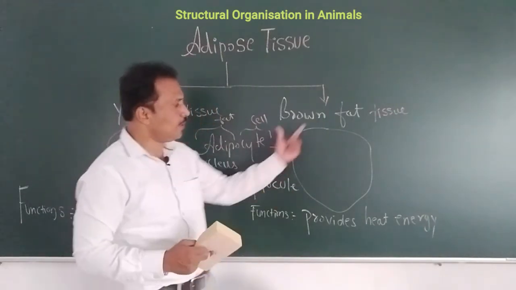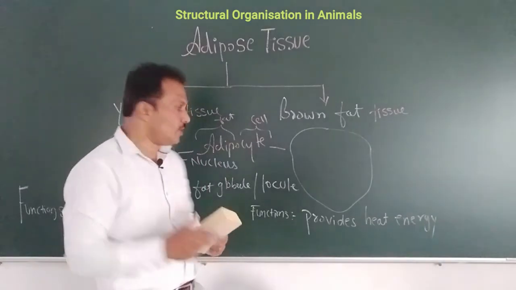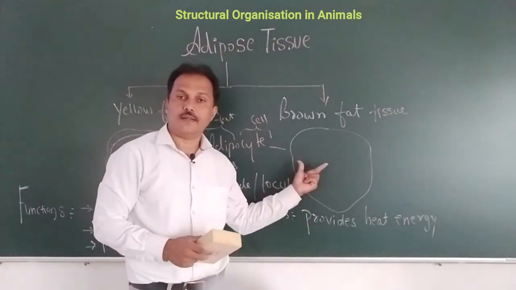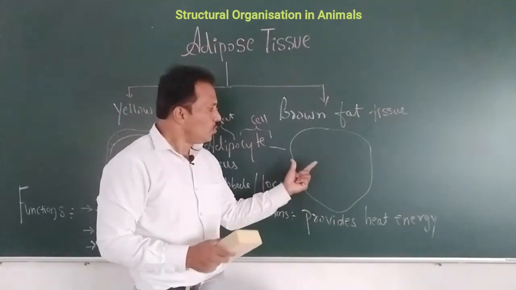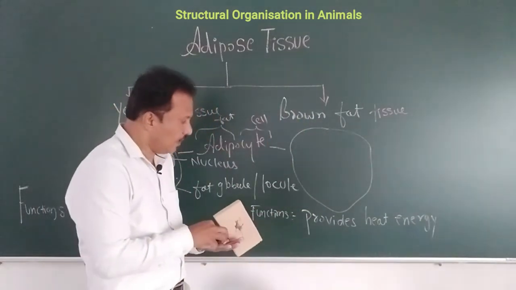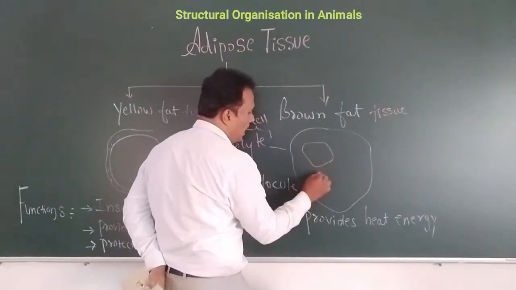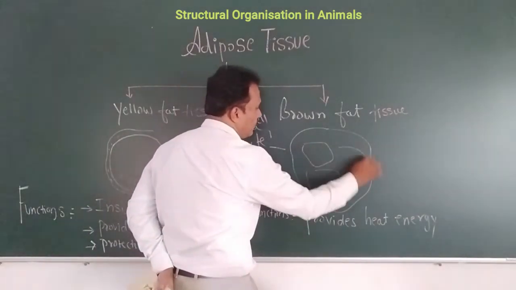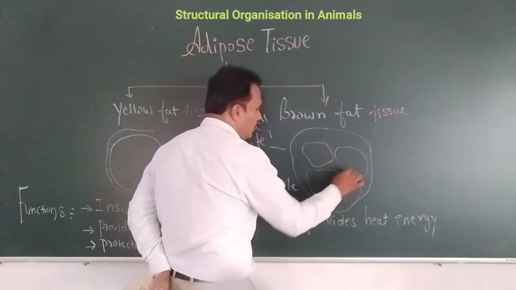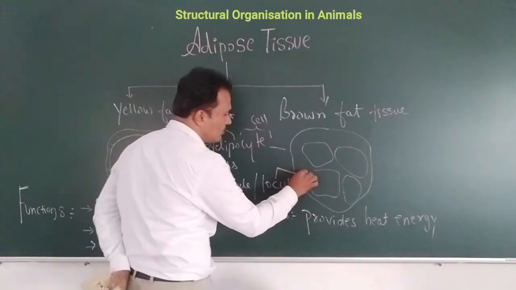Brown fat is again made up of adipocyte fat cells. How the fat cells of brown fat appear, we'll see here. In this adipocyte you will find 1, 2, 3, 4 fat globules or locules.